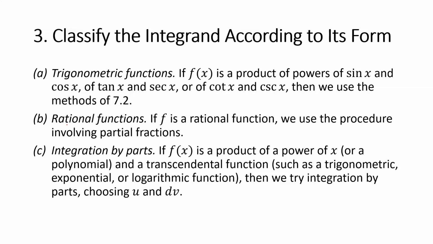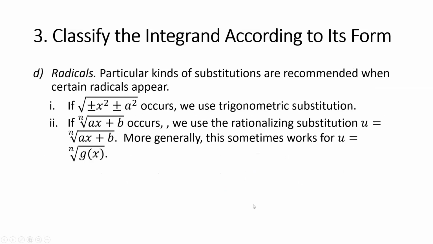And usually with integration by parts, it will involve some sort of product of something that will simplify when we take its derivative. And that's how we know that integration by parts will be a good choice. And one other thing to look out for are radicals, right?